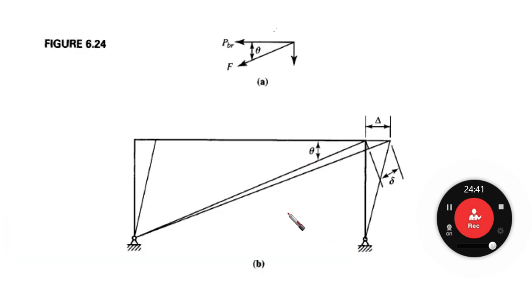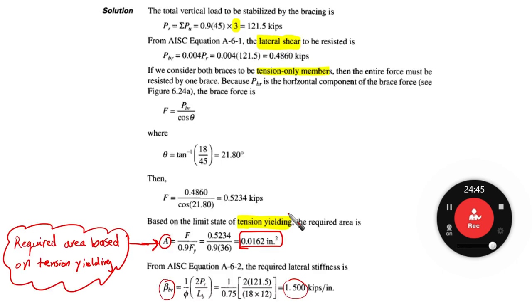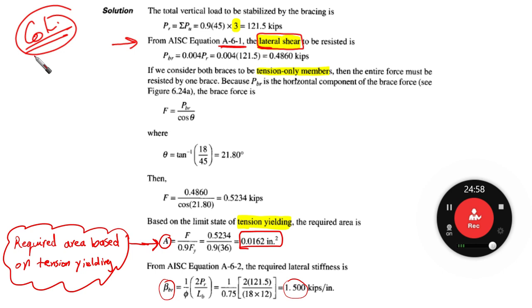Just to recap what I have done, in order not to be confused. First of all, we started with the lateral shear strength provided by the code in the appendix. We're talking about column. Actually, we are talking about beam column if there are flexural and axial forces. But here we have axial forces only, so the beam column boils down to column only.